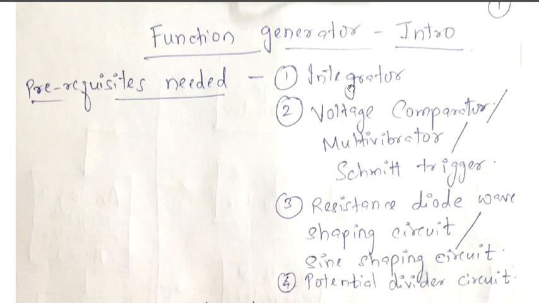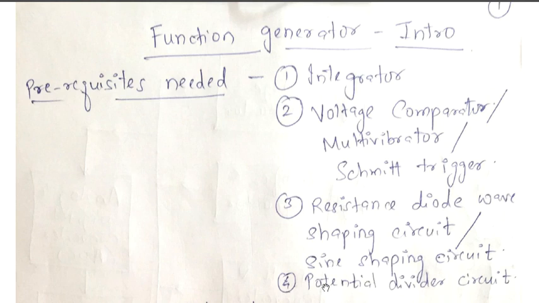The first one is integrator, then the second one is voltage comparator, also called multivibrator, also called Schmitt trigger. Then the third prerequisite required is a resistance diode wave shaping circuit, which is also called a sine shaping circuit here.